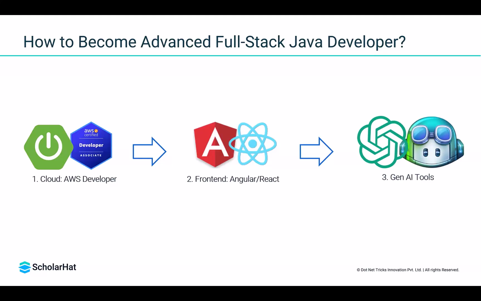It can be done easily using generative AI tools. Everyone should have that knowledge to become an advanced full stack Java developer and be job ready as per the latest industry tech trends. I hope it's clear how you can become an advanced full stack Java developer.